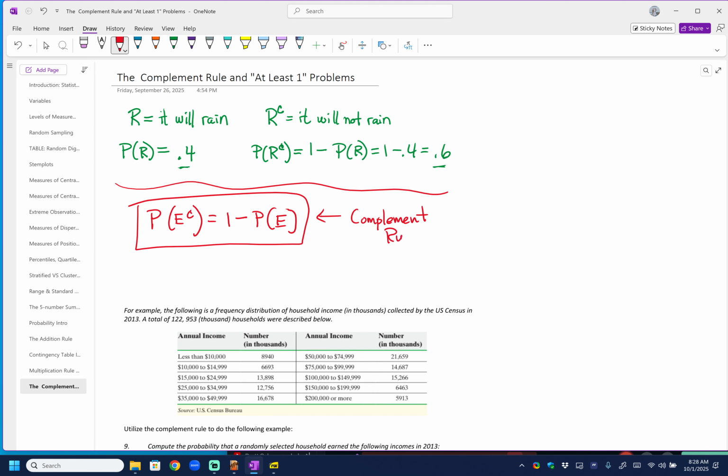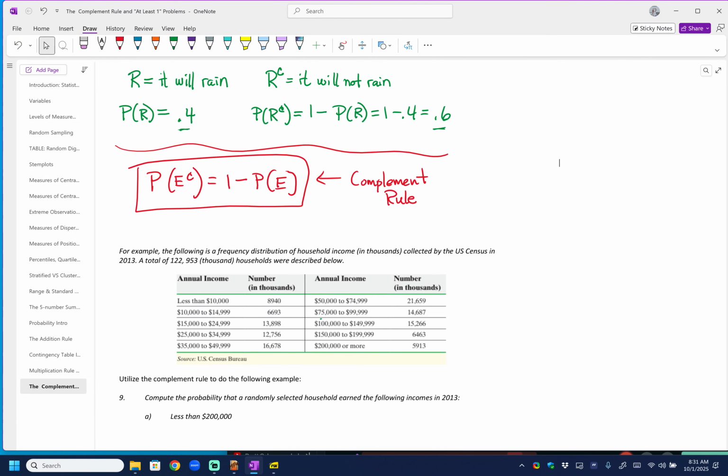Most students have the complement rule already baked inside their heads because of the whole concept of 100% minus something for percentages, something they've done a lot in their life or in math classes. So you just have to tweak it now. When you're doing probabilities, it's going to be 1 minus.